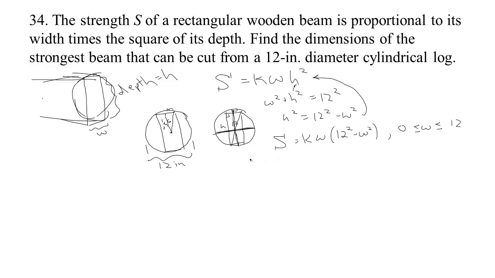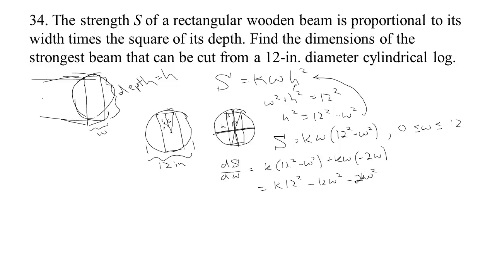So let's see. We're going to take dS/dw, the derivative with respect to w, which would be the derivative of the first, times the second, plus the first, times the derivative of the second, and the derivative of 12 squared is 0, so we get times minus 2w. So if I have k times 12 squared minus kw squared and minus 2kw squared.